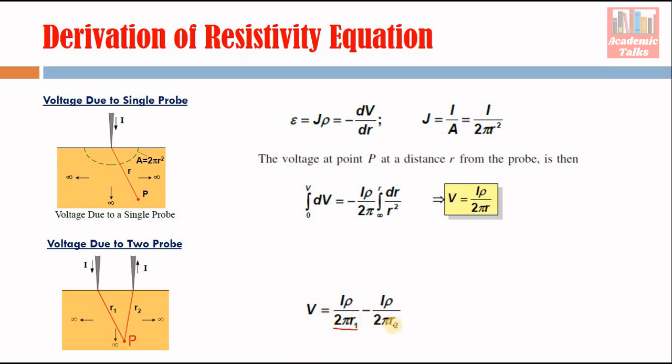So the net potential will be given by this equation, and we can simplify it. The potential at point P will be given by this equation. Remember, this is a very important result because we are going to use this equation in the next slide in order to find out potential below the voltage probes.